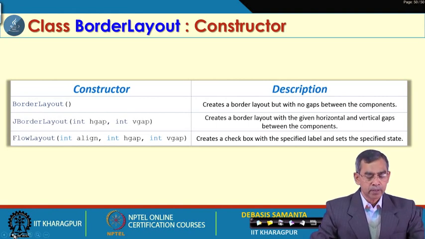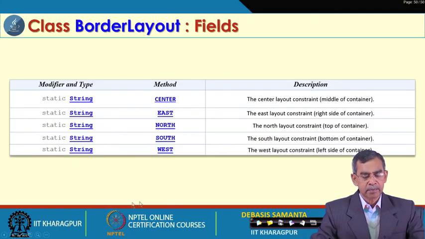The first is the default constructor, and the second lets us specify the h gap and v gap, that means the gap between the borders, and alignment can also be mentioned.